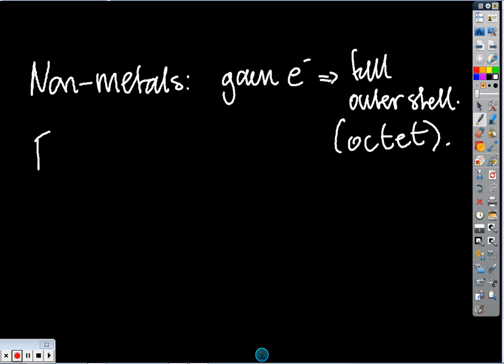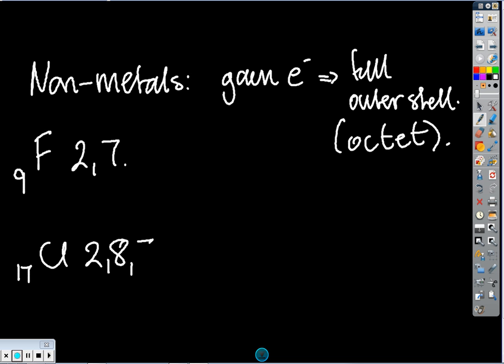Well, if we take a look at fluorine, fluorine has an atomic number of 9, so therefore it has an electron configuration of 2,7. Chlorine has an atomic number of 17, and as we go down the group we introduce an extra shell, and therefore it is 2,8,7.